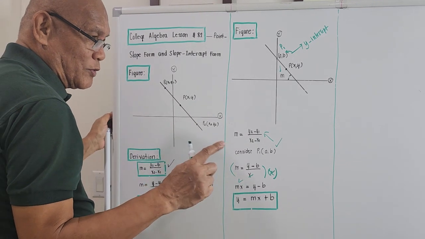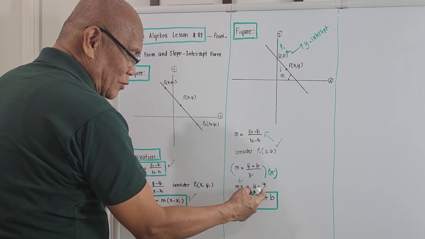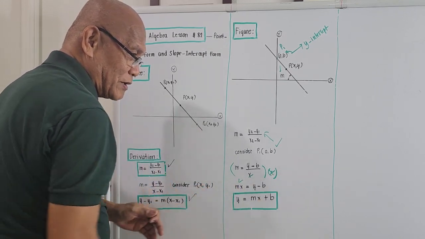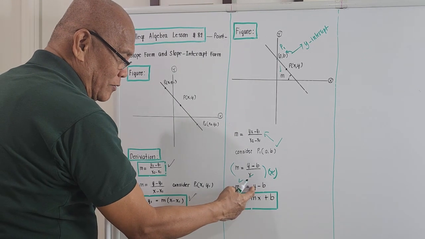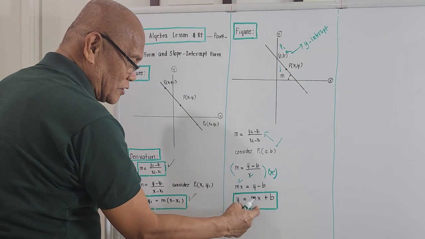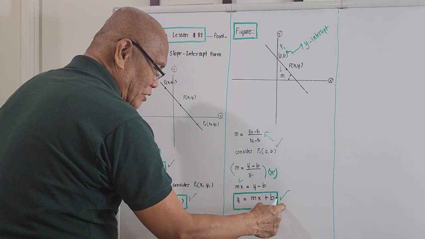To compute for y as a function of x, we put mx on the right and rearrange the equation. So y is now equal to mx plus b. This is the so-called slope-intercept form.